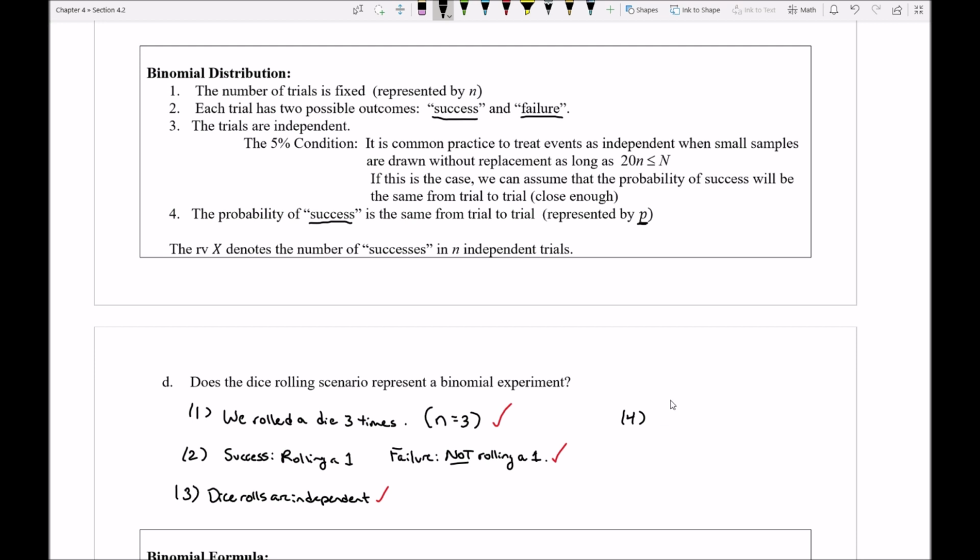So I'll go ahead and say here that the chances of rolling a 1 was always 25%. It was fixed. And so note that gives me that p is equal to 0.25. That's the symbol I would use to represent that. So definitely I have here a binomial distribution.